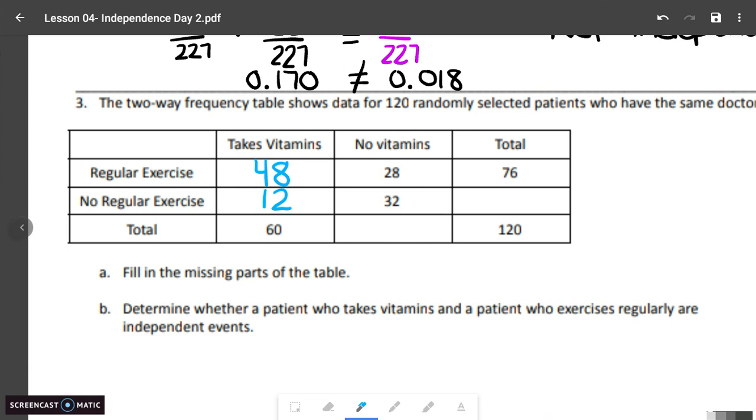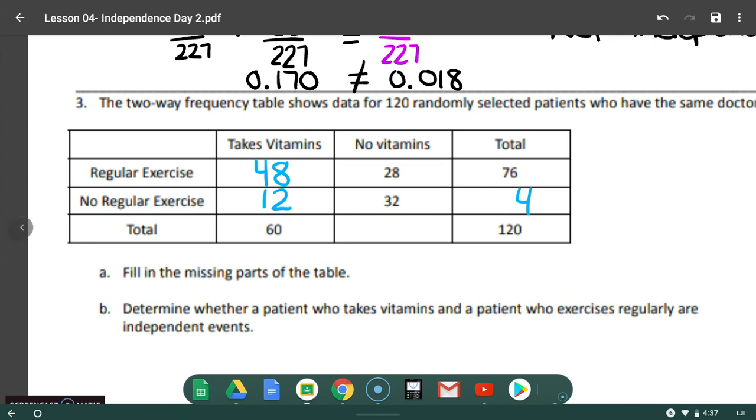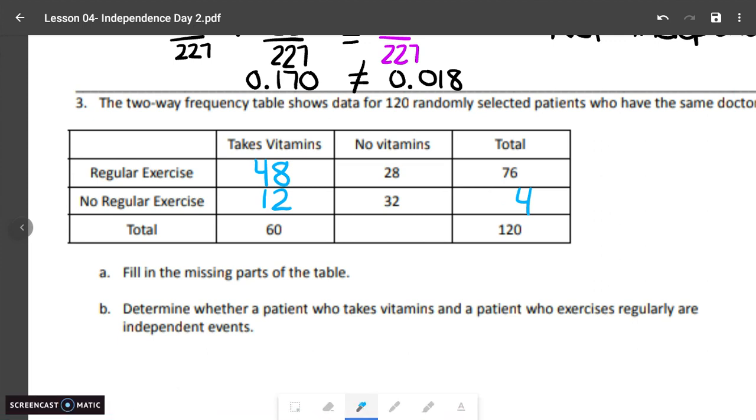And I could do 12 plus 32, and we would get 44 as the no regular exercise group. I actually wanted 44 here, not 54. That's why I double checked that 76 plus 44 is equal to 120. That would not have worked with the 54. And then finally, on the bottom here, we would have a 60. So that's the first part, just to fill in the missing table.